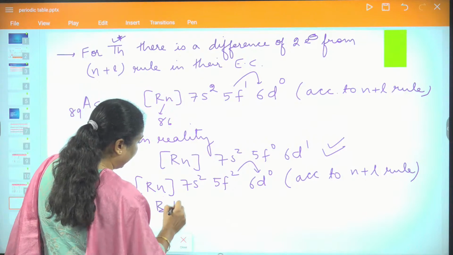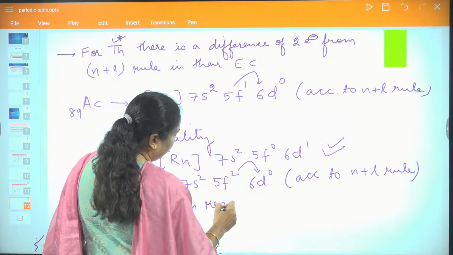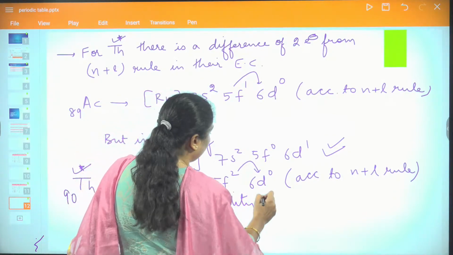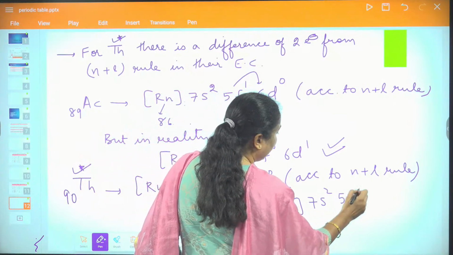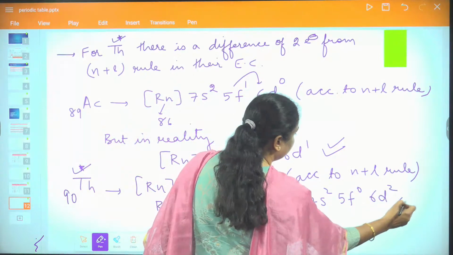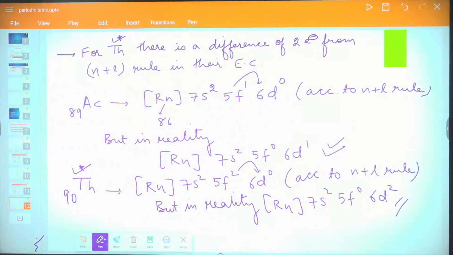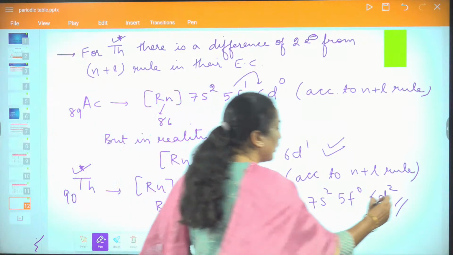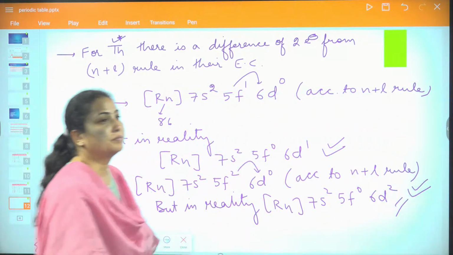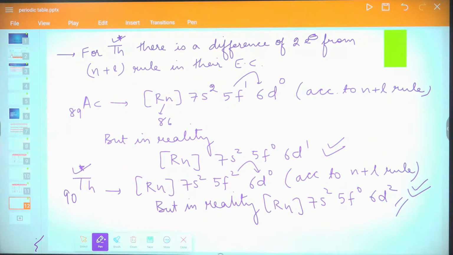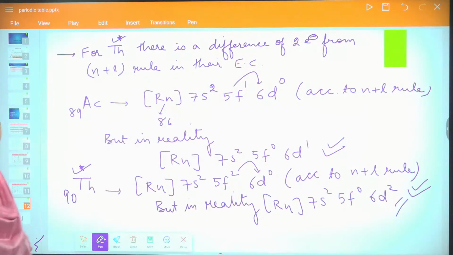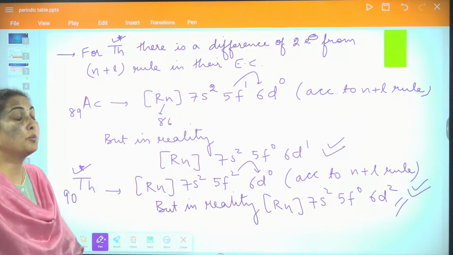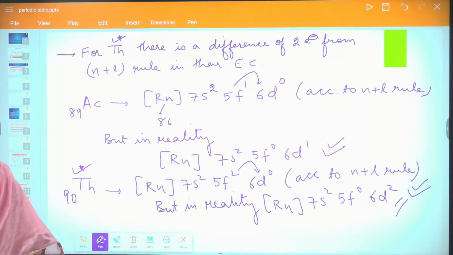But in reality, what should be there? You are having 7s2, 5f0, 6d2. Getting it? So this is the correct electronic configuration of it. Understood everybody? So these exceptional electronic configurations you must know.